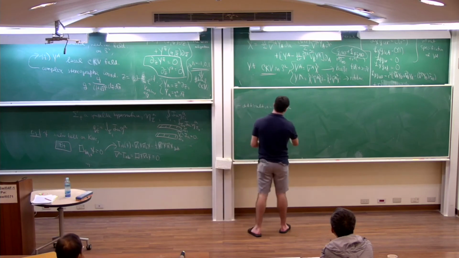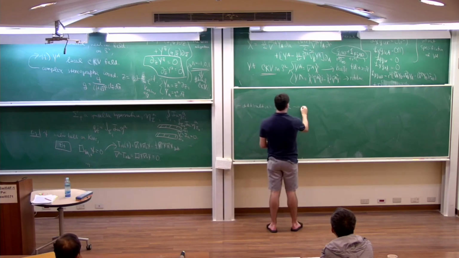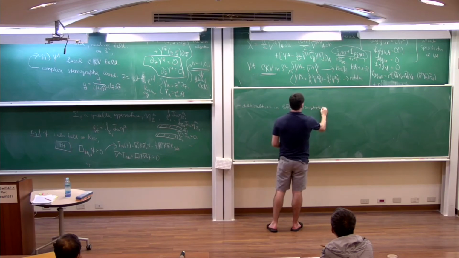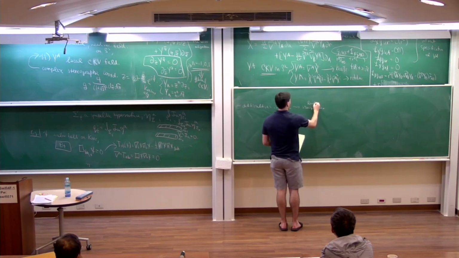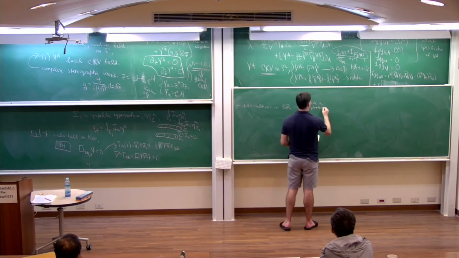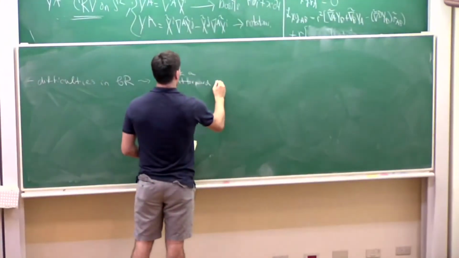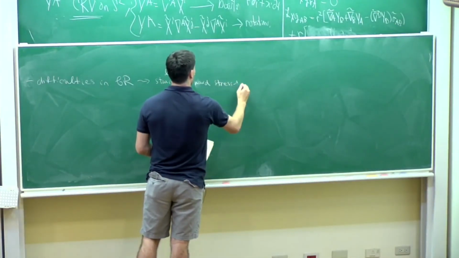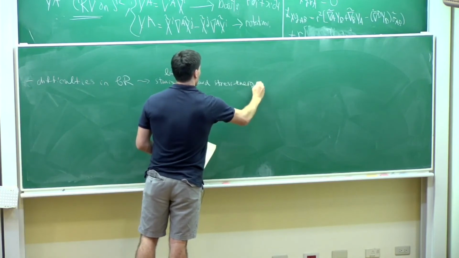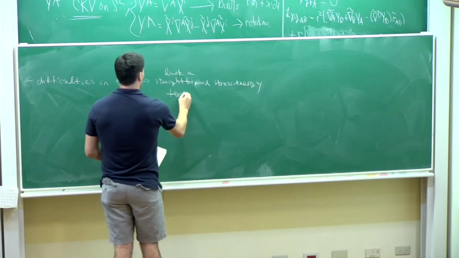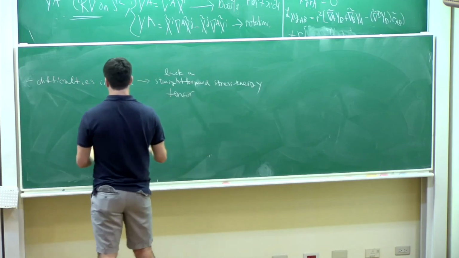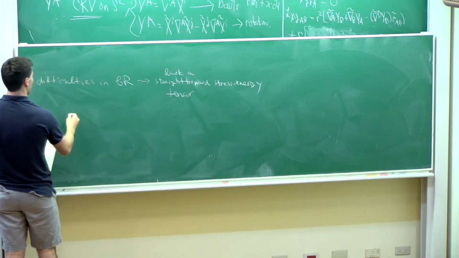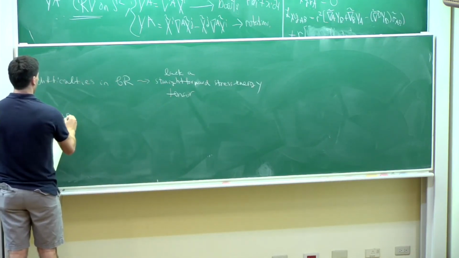Yeah, there's more difficulties in GR. There's not some straightforward stress energy tensor. The other issue is that we don't really have symmetries. We have approximate symmetries.